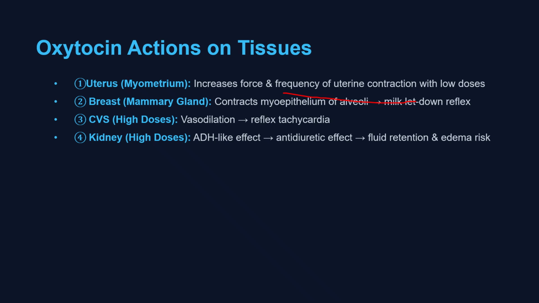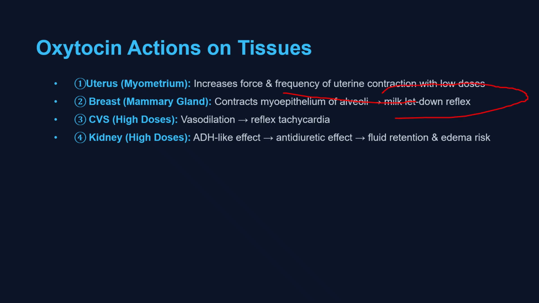It is not for milk production. If milk is already there in a pregnant woman or lady but it is not released, due to this it will be released. That is the milk let-down reflex.